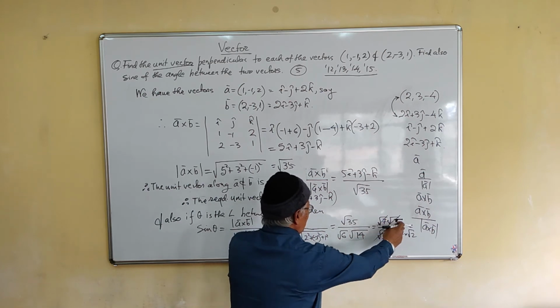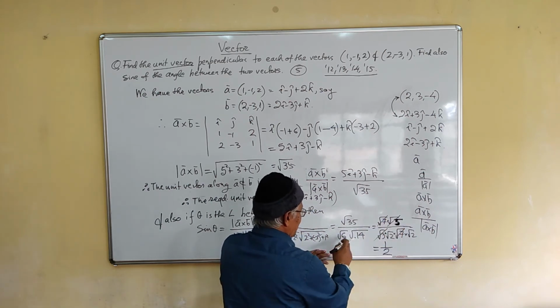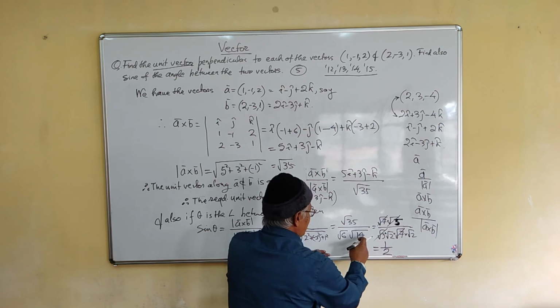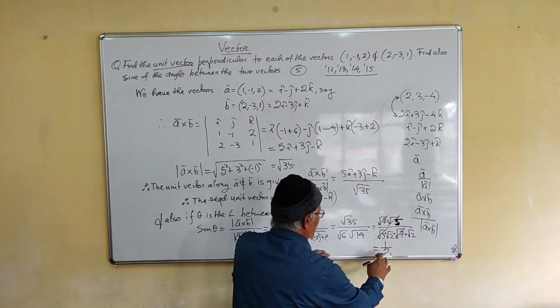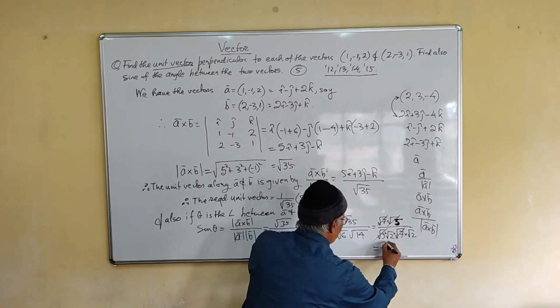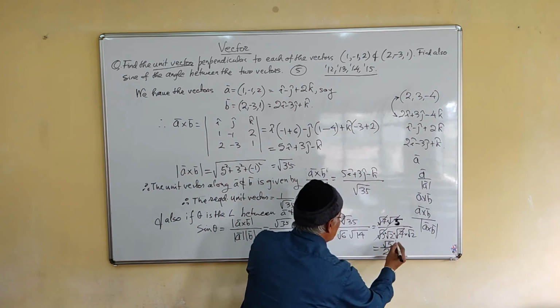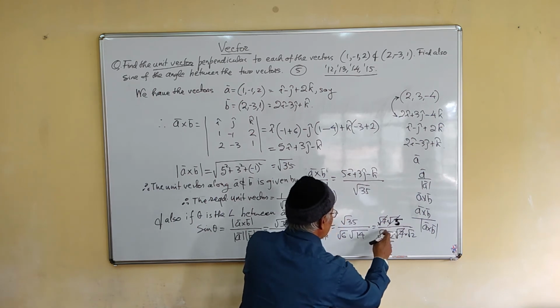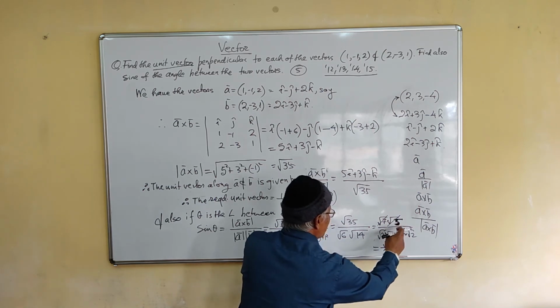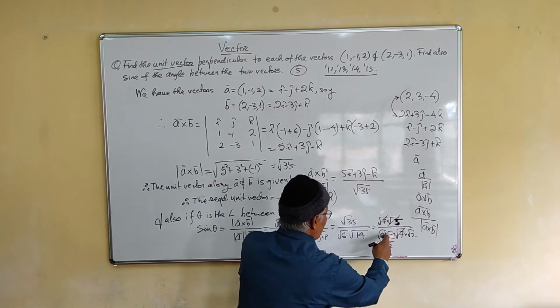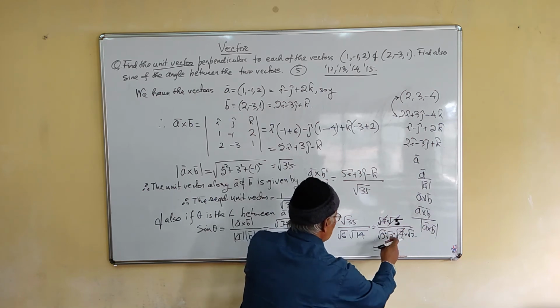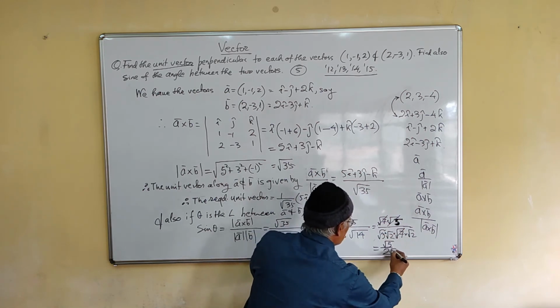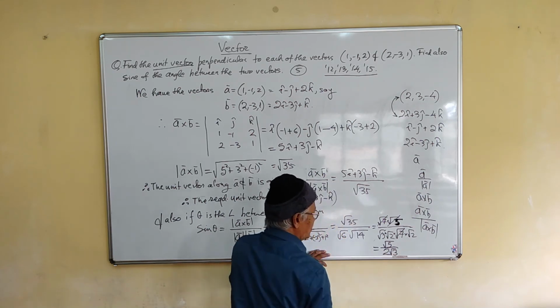Root 7 into root 5 is root 35. That's right. And this is root 3 into 2 and 7 into 2, that's right. So it turns out to be root 5. Is that right? So no cancellation here. Of course, please bear with me. This is root 5, so it is not cancelling with this. So it is going to be 2 root 3. Is it okay?